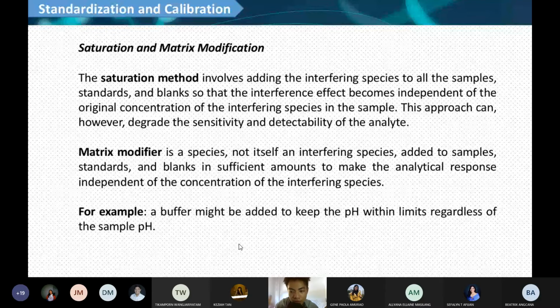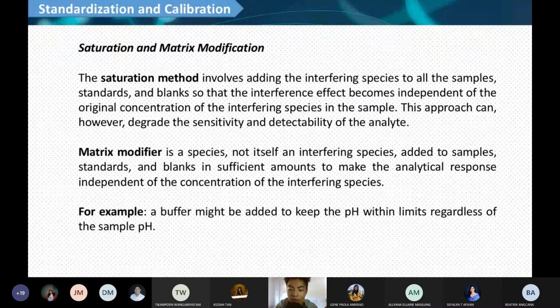So again, they are two counterparts. Saturation involves the addition of your interferences so that they can be read, and then later on you can deduct whatever the reading of your interferences is. So you will be left with your analyte alone.